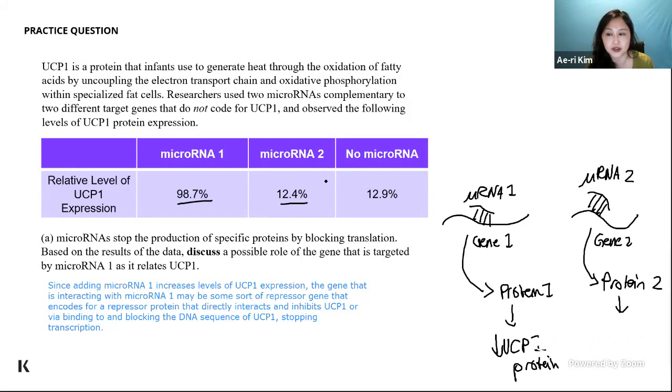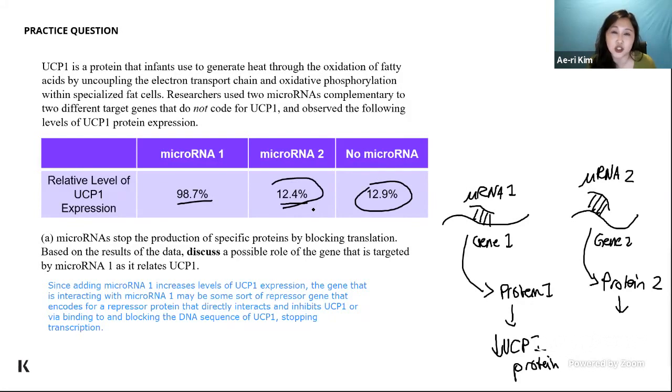What do you think? So I'm thinking that since there's no microRNA here, the numbers look just the same as microRNA 2. Okay, yeah, since that number is the same as this and as this, then we can say that microRNA 2 doesn't really do anything.